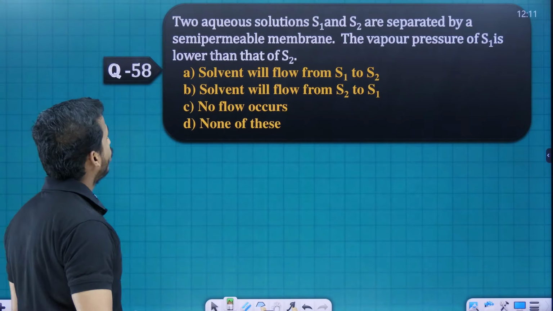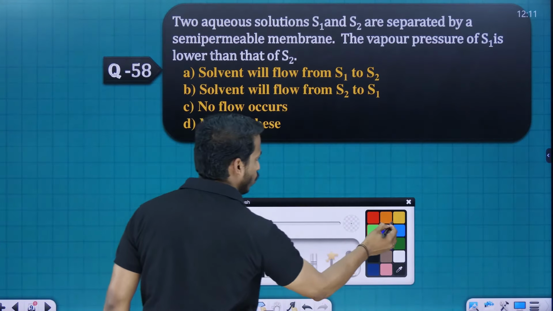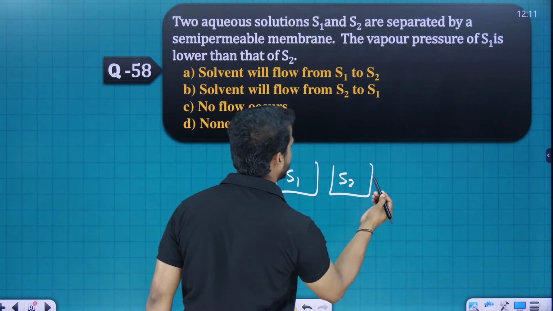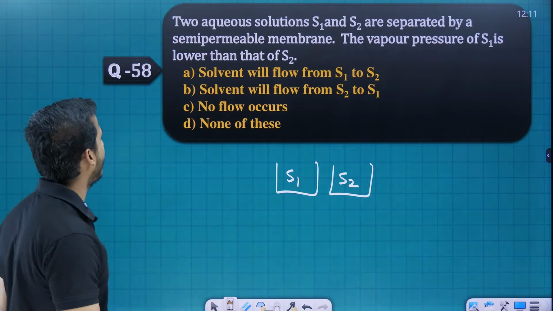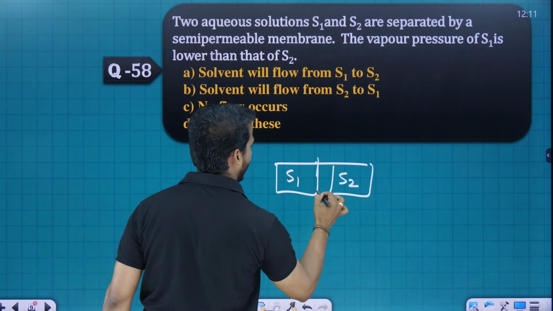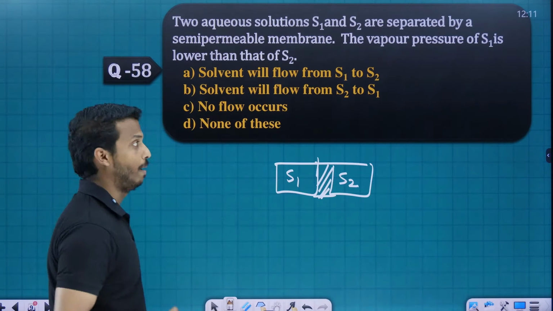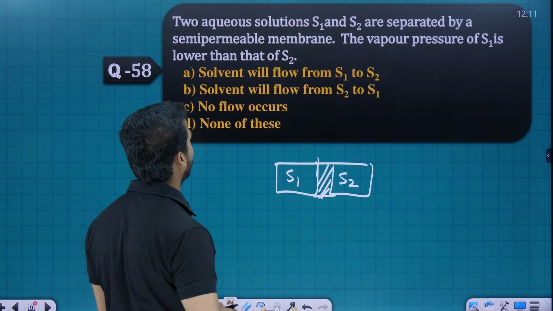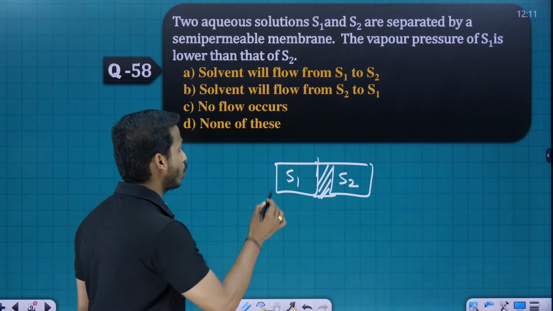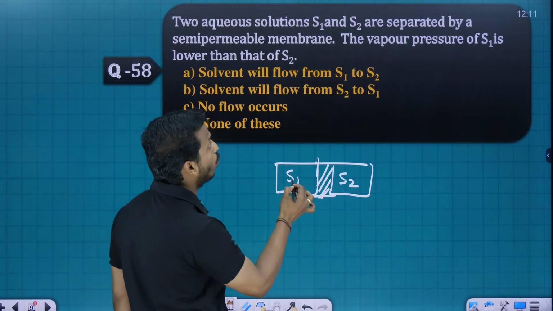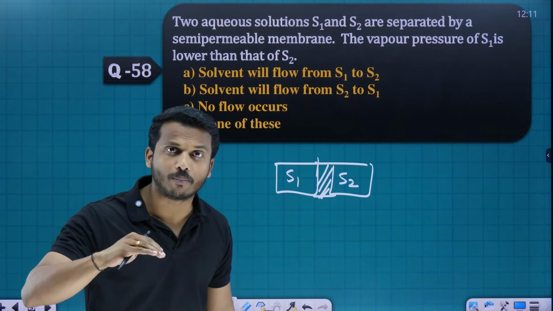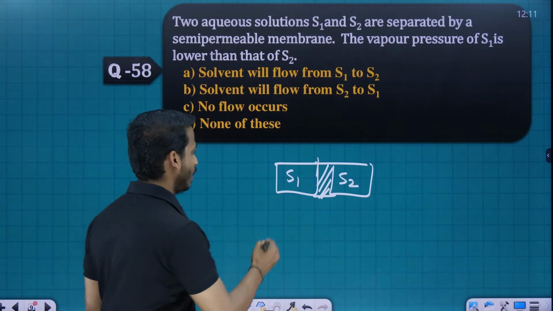Ready. Next one. Two aqueous solutions, S1 and S2, are separated by a semi-permeable membrane. The vapor pressure of S1 is lower than that of S2. What does that mean? Lower vapor pressure means it contains more solute.